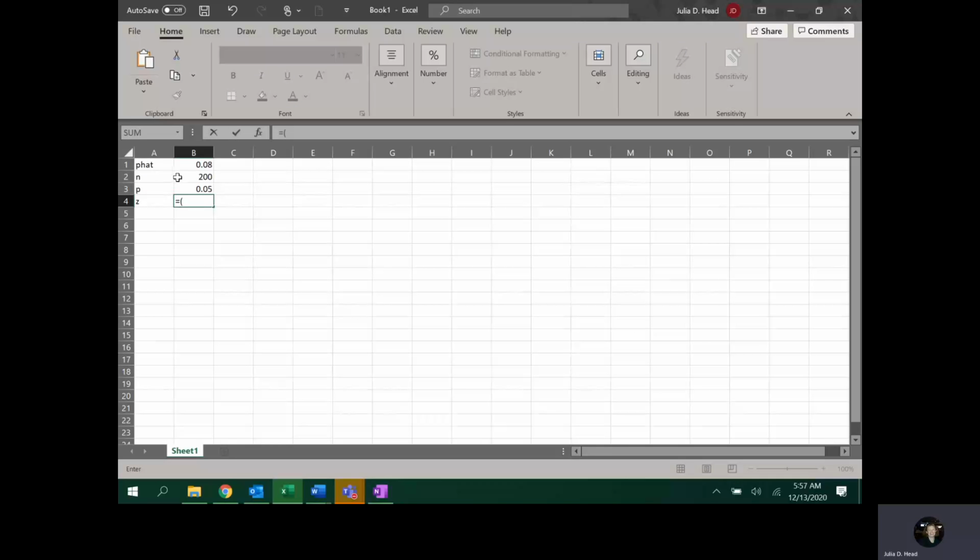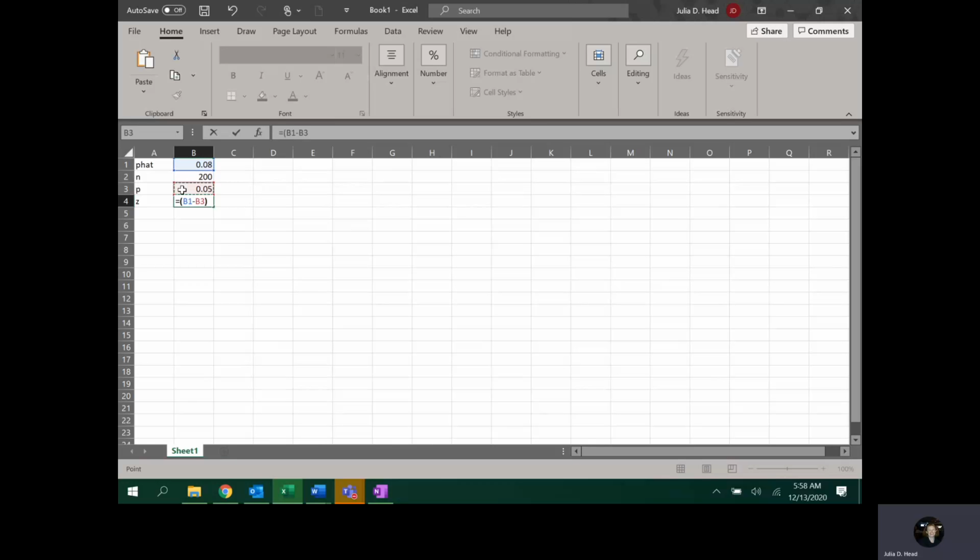Here's the one thing that is not super important on this question, but if you did not have nice numbers, it would be. Notice that I'm clicking on the 0.08. I'm not typing 0.08. Anytime you don't have a nice number, it's very, very important that you cell reference it.